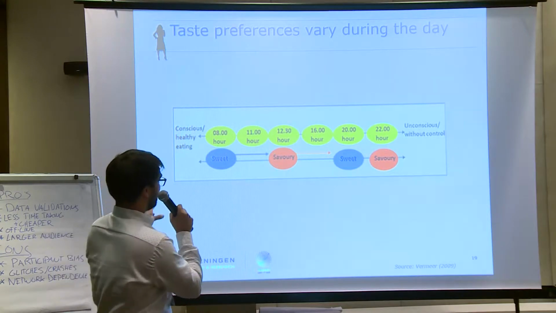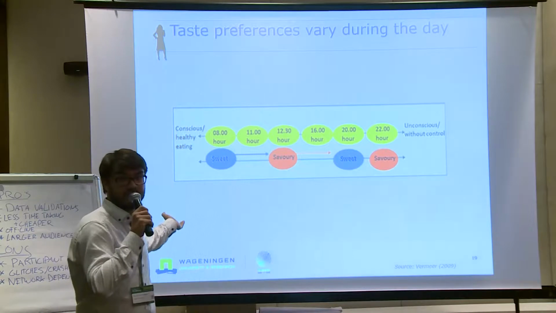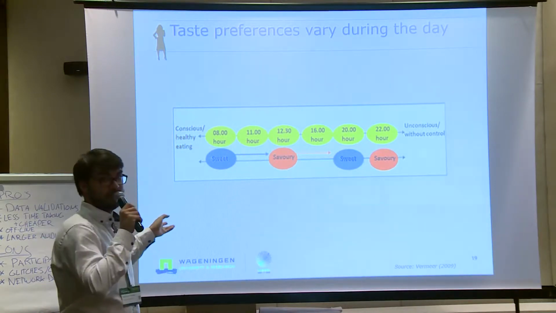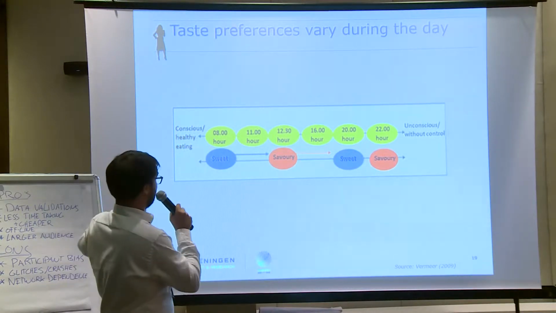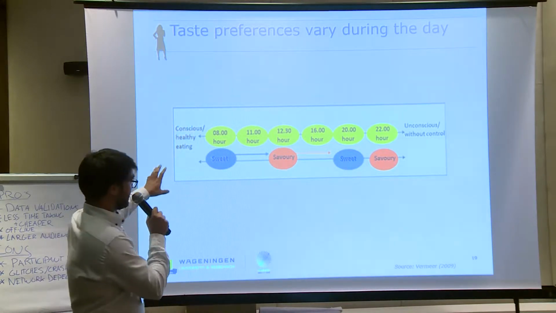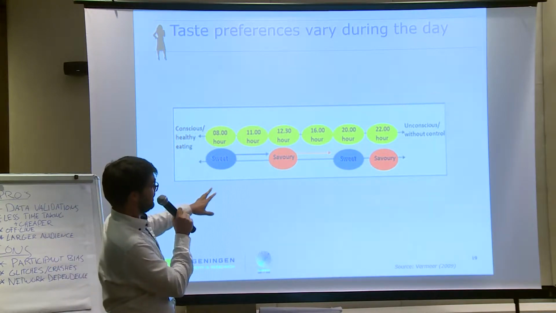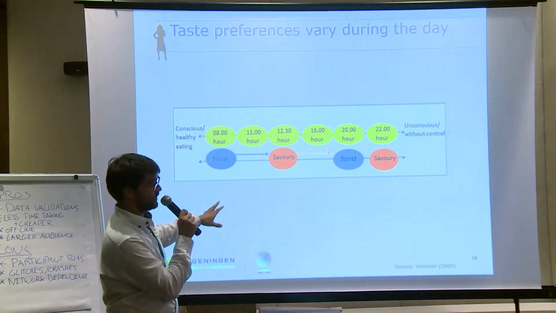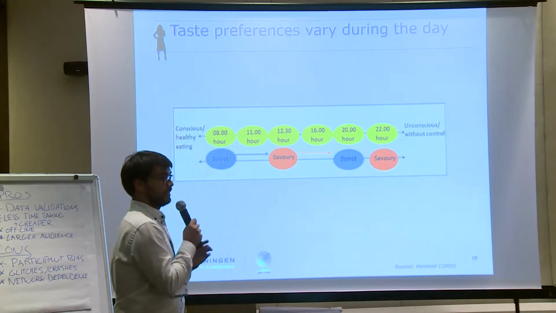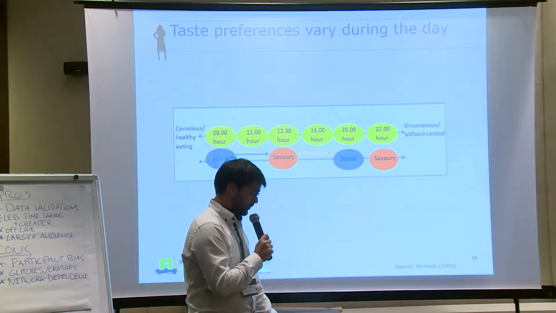But you see that, for example, in the morning, people state that they prefer a sweet breakfast. It's also a Western example, by the way. During lunch, at 12 o'clock, it changes into more savory, and then in the evening, after dinner, there's a preference for something sweet and something savory again. Just to show how you can map this during the day.